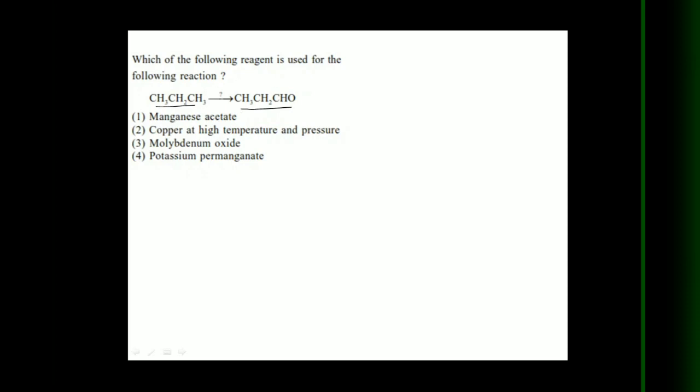So the options are manganese acetate, copper at high temperature and pressure, molybdenum oxide, potassium permanganate. You can see that information in the first year NCERT textbook. Methane on heating with copper is converted to alcohol. That means if it is an alkane RH, that is converted to alcohol.